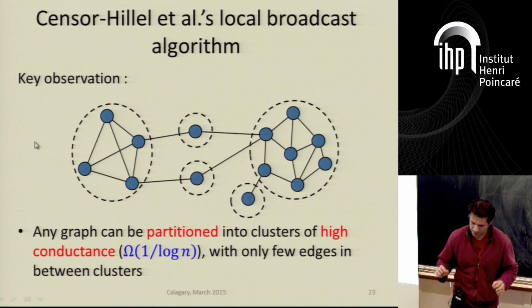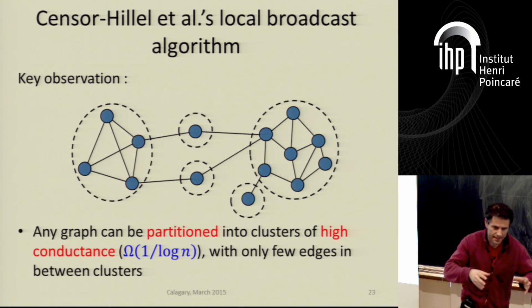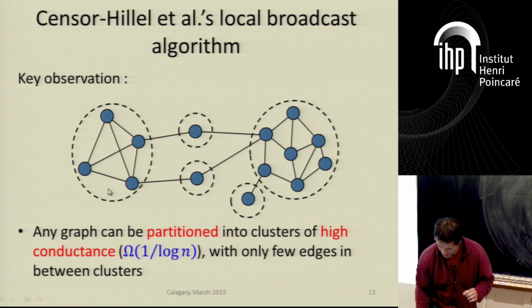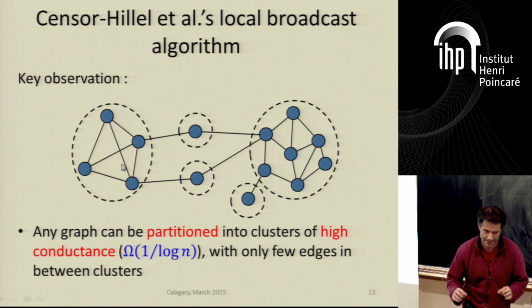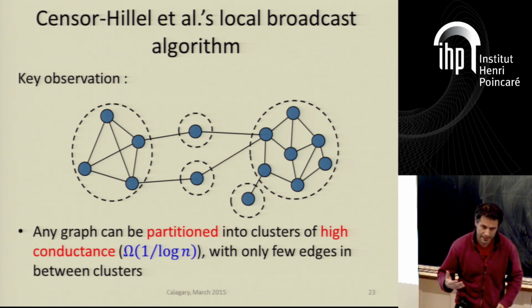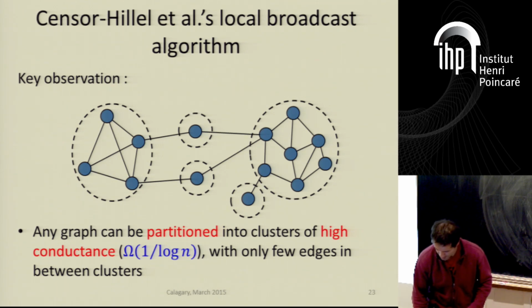And so what the algorithm does is run the standard push-pull for a number of rounds such that, with high probability, each node in each cluster receives the messages of all the other nodes in the same cluster. And how long do we need to run push-pull for that?